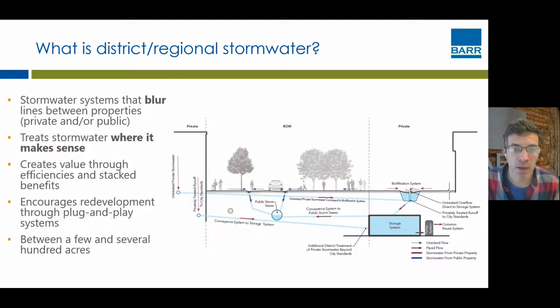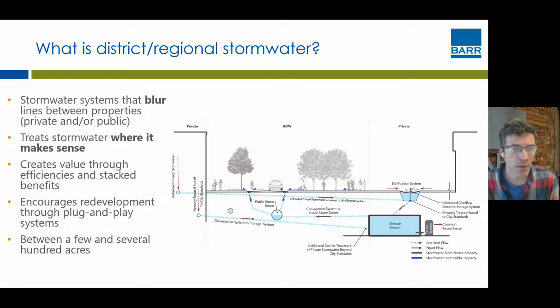There's a drawing on the right that gets this idea across of stormwater being collected from multiple private properties, crossing a road right of way, and everything being collected and treated and stored, and in this case, treated and reused for irrigation in a collective way.